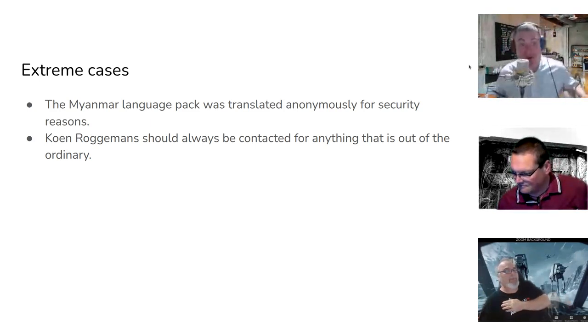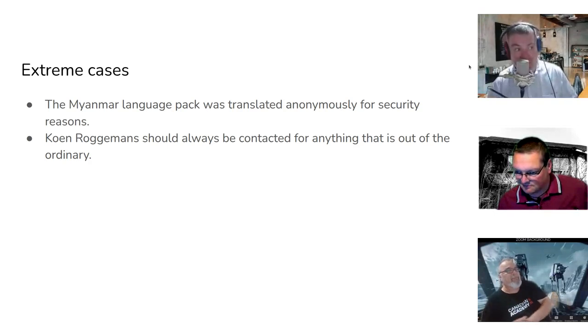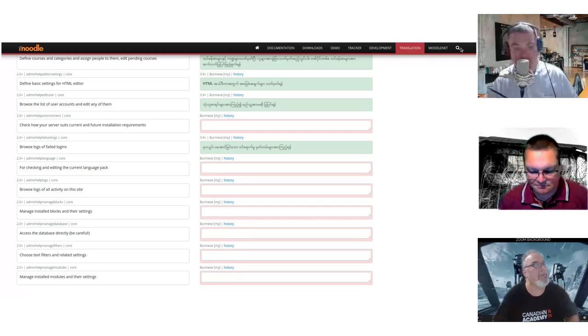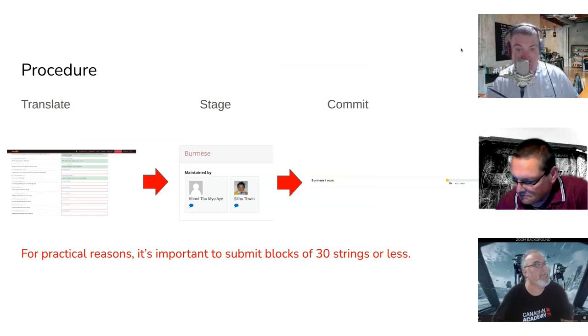But in our case, since the military were not very friendly and they could have gotten in trouble if they found their names or their email address, me as a Canadian who lives in Japan, I was very safe. I put my name and my email address as the Myanmar package manager, and that's just what we did. We just started translating the package. We went from translation to stage to commit.